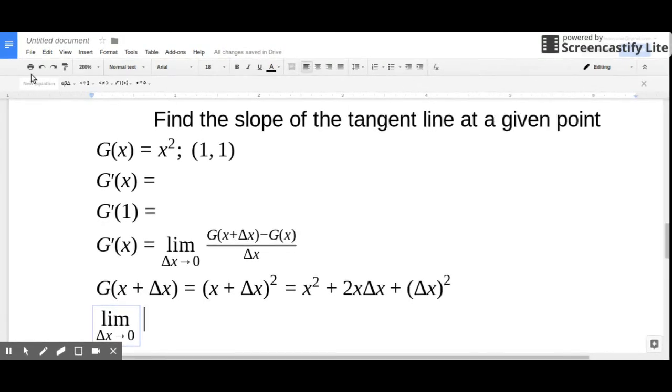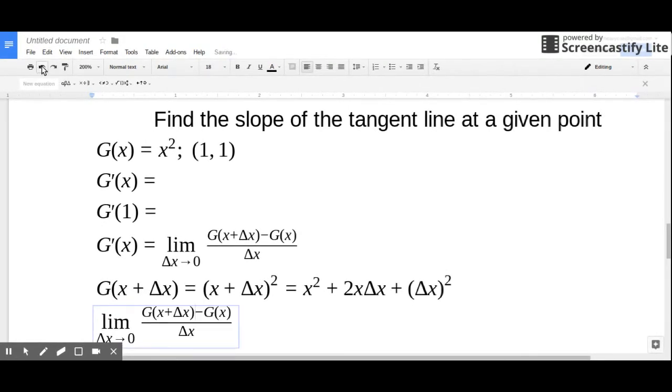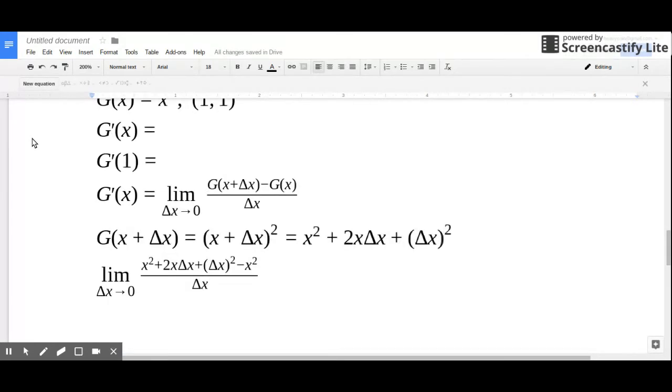And of course g of x is what? x squared.